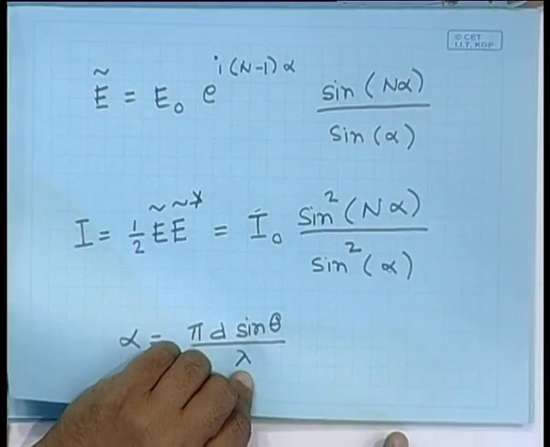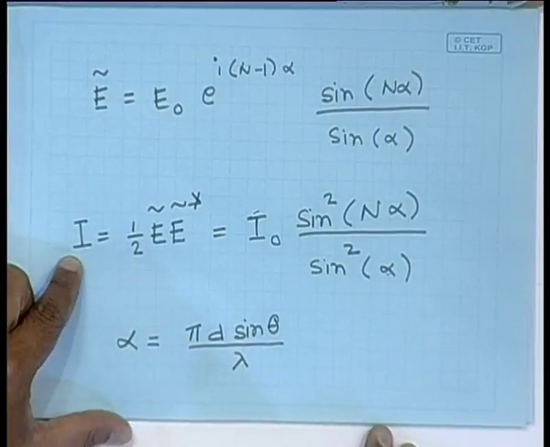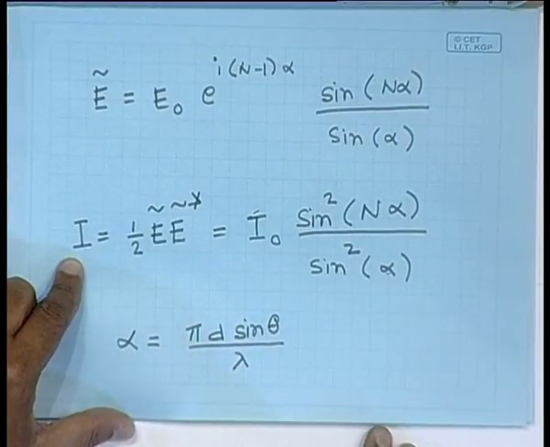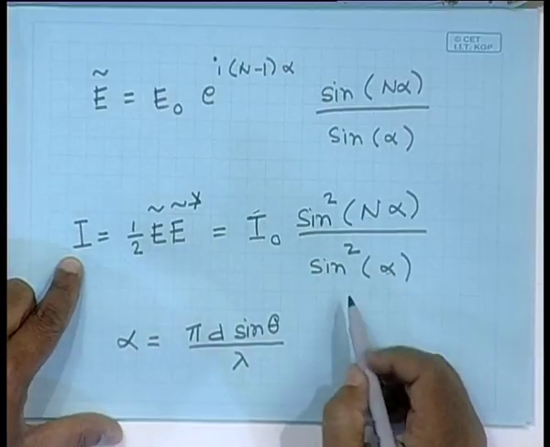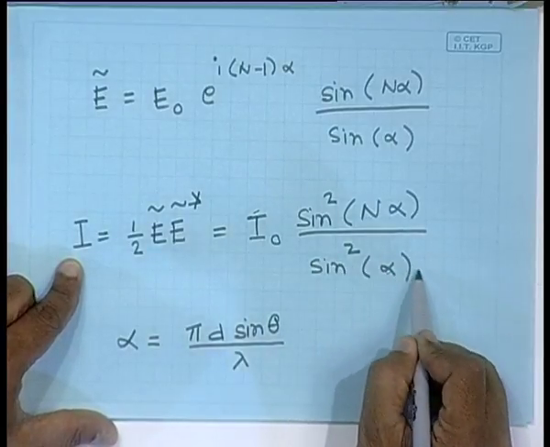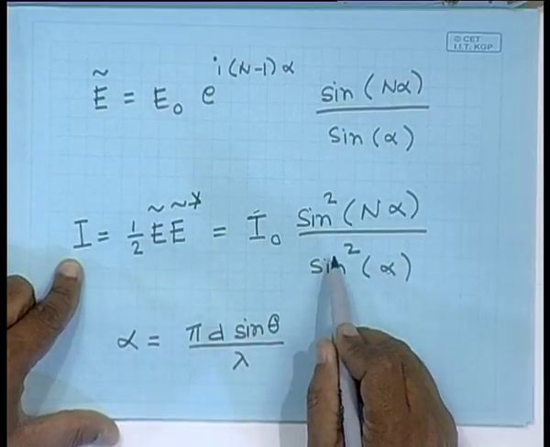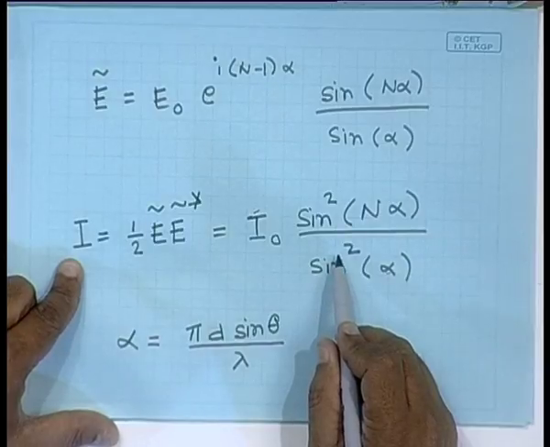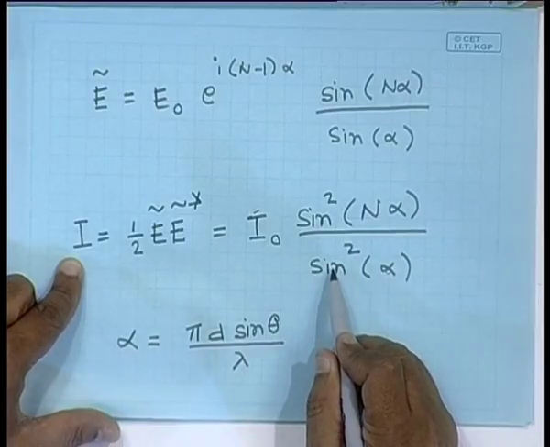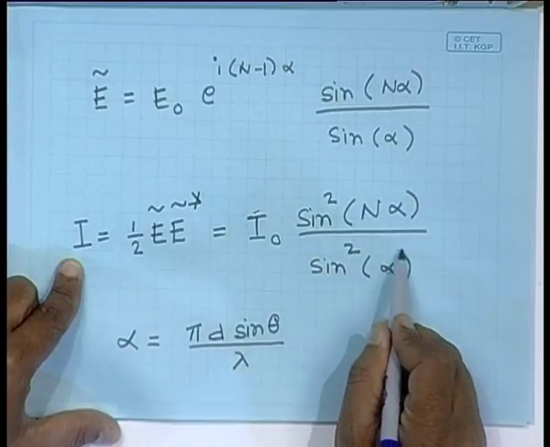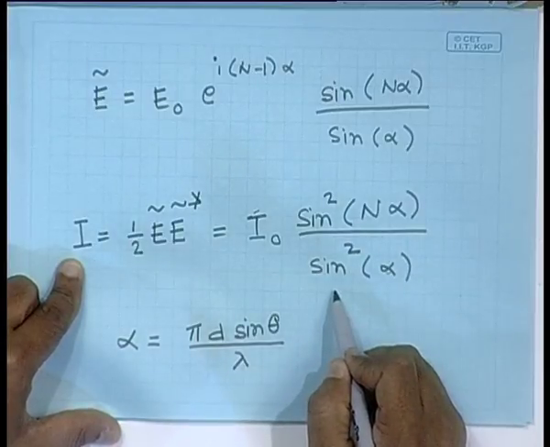Okay, let me make this point clear. The intensity is going to have a maximum value whenever the denominator becomes 0. It should be clear.